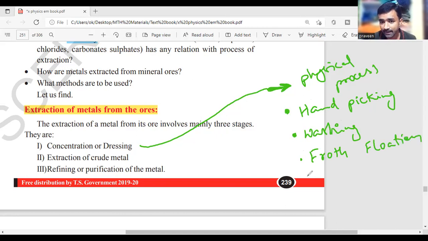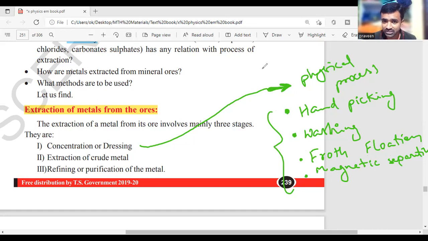Next, finally, magnetic separation. So these are the methods you follow in the concentration of metal or dressing of the ore, right? So these are the 4 methods we use in the physical process.